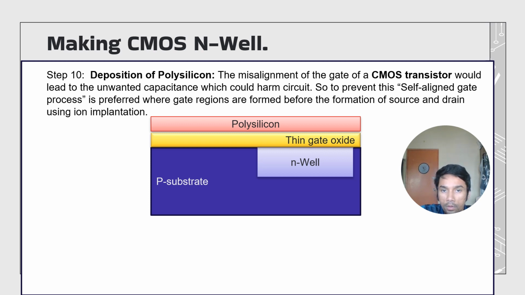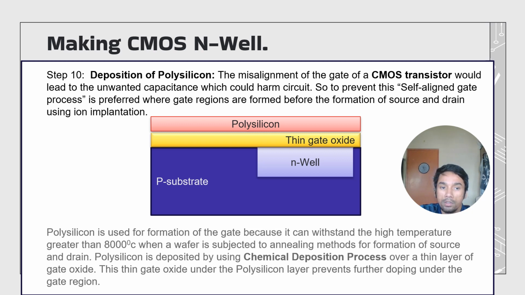The misalignment of the gate of a CMOS transistor would lead to unwanted capacitance, which could harm the circuit. So to prevent this, the self-aligned gate process is preferred, where gate regions are formed before the formation of source and drain using ion implantation. Polysilicon is used for formation of the gate because it can withstand high temperatures greater than 800 degrees Celsius when the wafer is subjected to annealing methods for formation of source and drain.